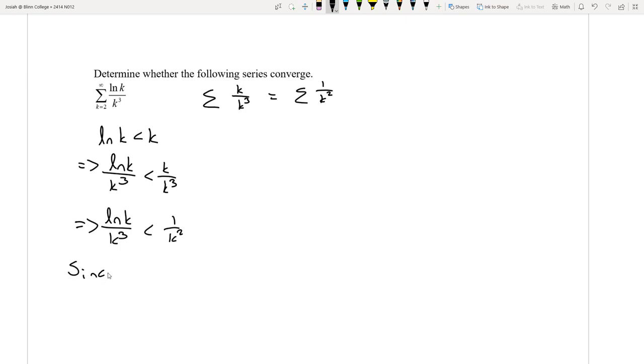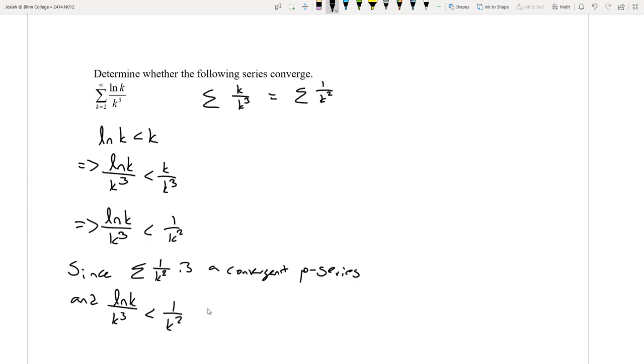So since the sum of 1 over k squared is a convergent p-series, and we show our inequality up here, it's acting as our roof for the series that we have here. That means that our sum, natural log of k over k cubed, converges by DCT, direct comparison test.